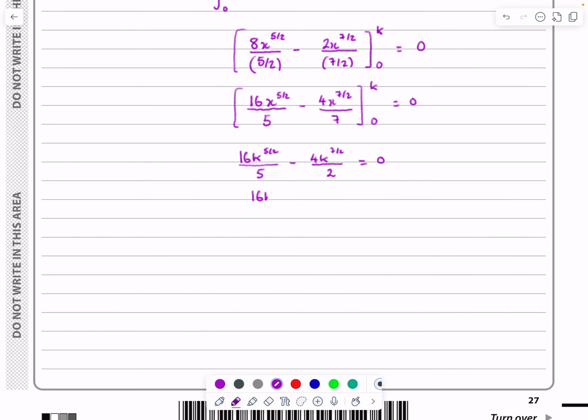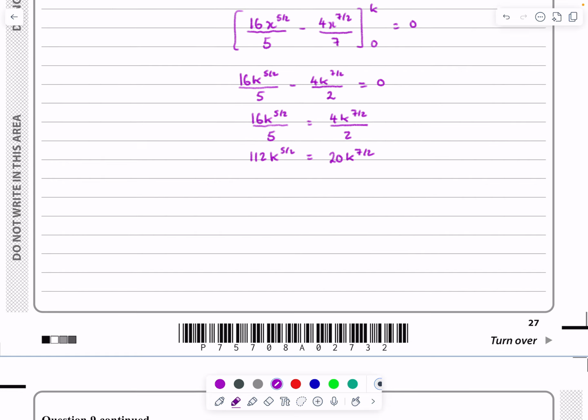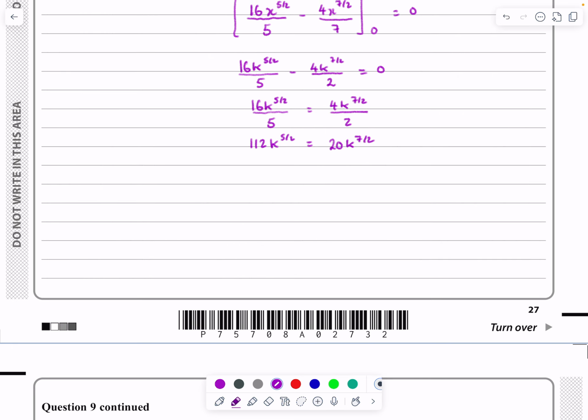So 16k to the 5 over 2 all over 5 equals 4k to the 7 over 2 all over 7. Cross multiplying that, you can do this whichever way you want now. So 112k to the 5 over 2 equals 20k to the 7 over 2. Take them all onto one side and take out a factor.